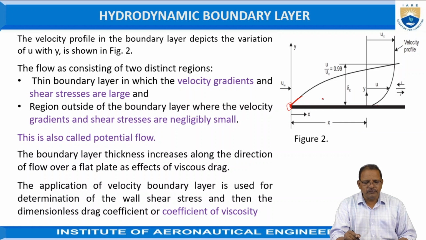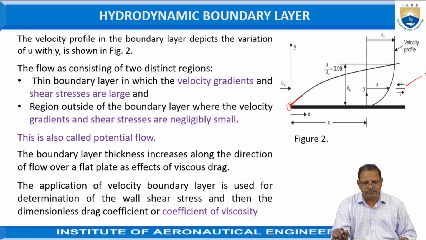At this moment, the velocity gradient is maximum. At the same time, the shear stress is also maximum. On moving towards the right side of the fluid, the velocity of the layer gradually increases now. So the velocity gradient as well as the stresses will become minimum now. So this is also called your potential flow.